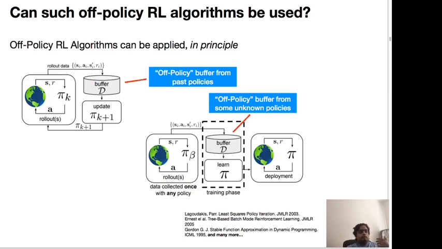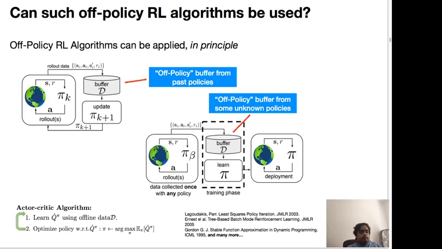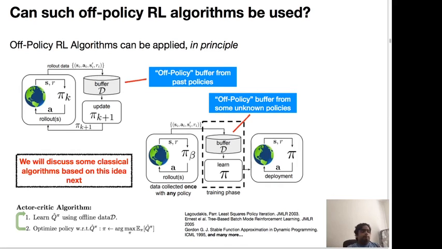For instance, an actor critic algorithm does not really utilize the fact that the data buffer was coming from the past policy, unlike a policy gradient algorithm, which does utilize this fact. So we can simply modify these algorithms to do the same training as they were doing in the off-policy setting. However, all of the training is now happening using the offline data buffer, as shown in the actor critic algorithm on the bottom left of the slide.